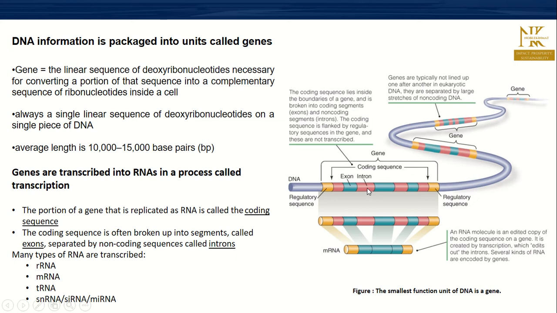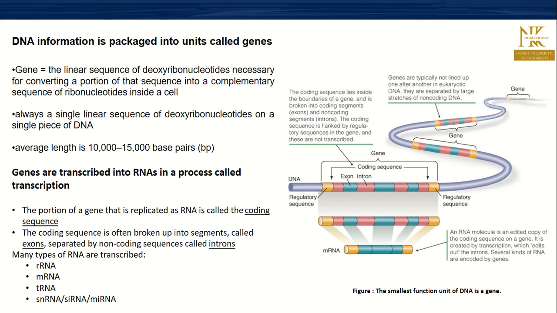So what do we mean by intron and what do we mean by exon? As you can see in the final replication of the RNA, which is the messenger RNA, these introns are missing. They are missing from the final product. So introns are like gaps between the exons.